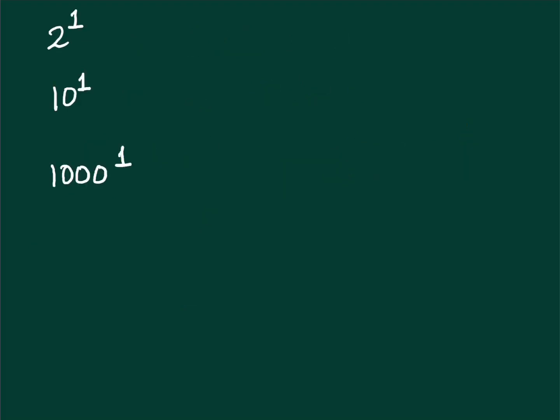Let's do the reverse situation. Any number to the power of 1, that means you are multiplying that number by itself only once. So you're not writing 2 two times, you're just writing 2 one time. 10 to the power of 1 is 10. 1000 to the power of 1 is 1000, right?